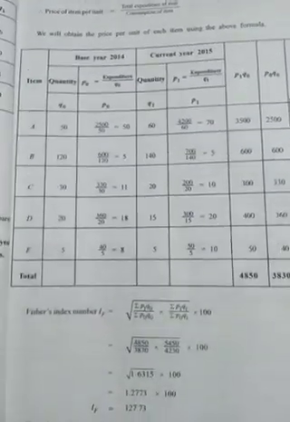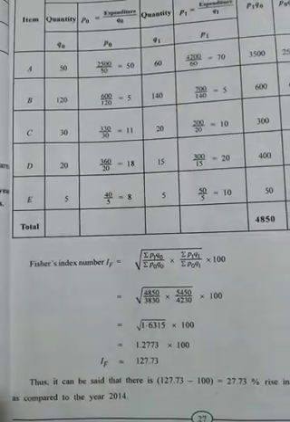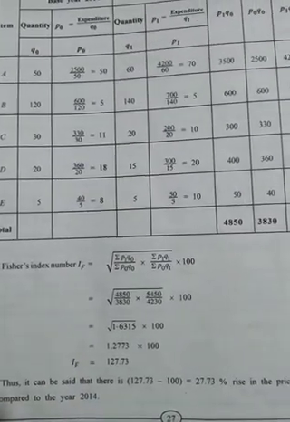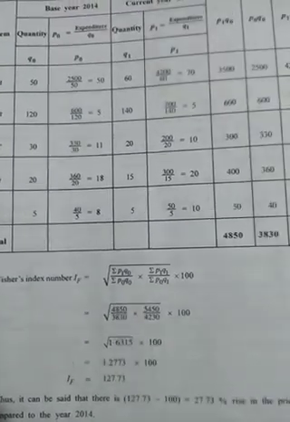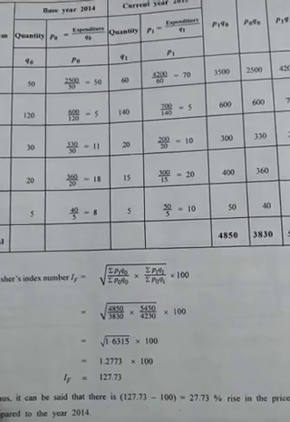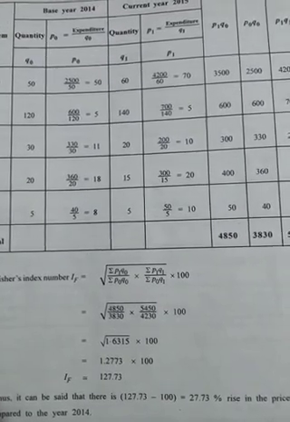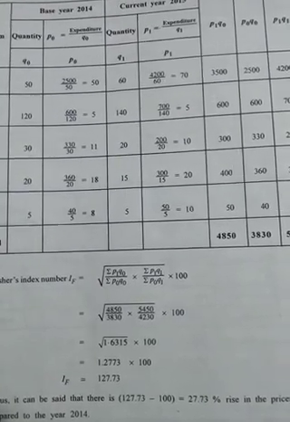And so here, once you complete the table, you will apply the formula: Fisher's index number is equal to the square root of sigma P1 Q0 divided by sigma P0 Q0 into sigma P1 Q1 upon sigma P0 Q1, the whole multiplied by 100. Please see that this 100 is outside the square root bracket.